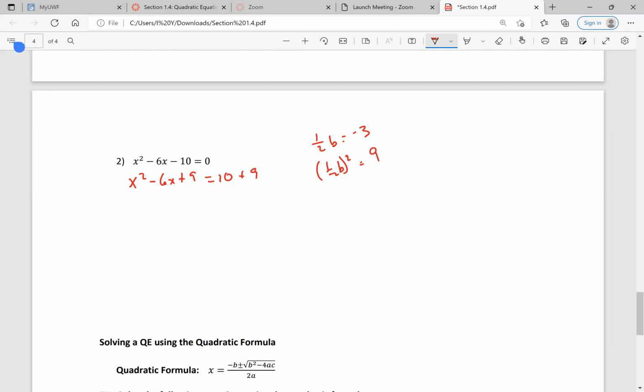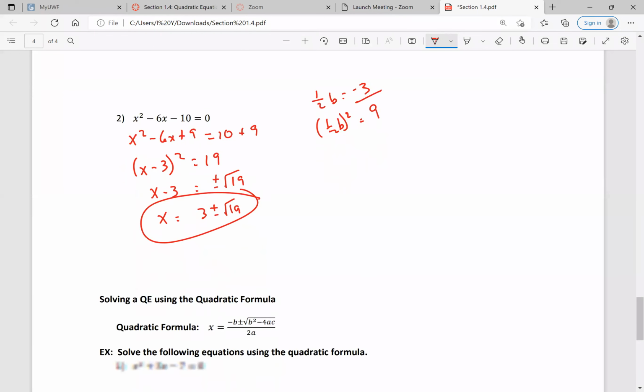That makes this x plus 1/2 b, which is minus 3, squared equals 19. X minus 3 equals plus or minus the square root of 19. Add 3, x equals 3 plus or minus the square root of 19. And for my purposes, that is fine for the solution.